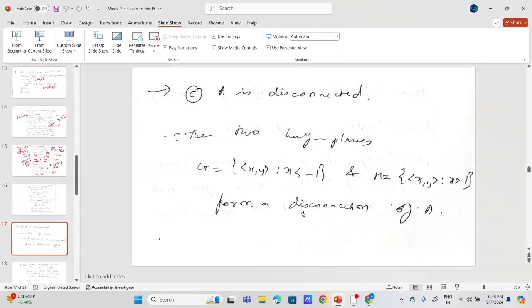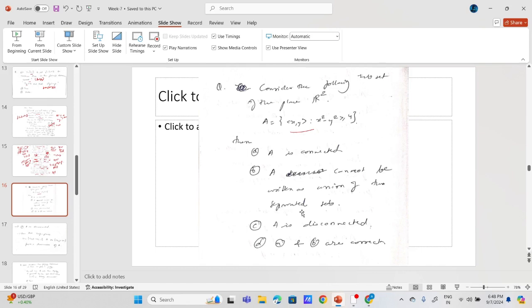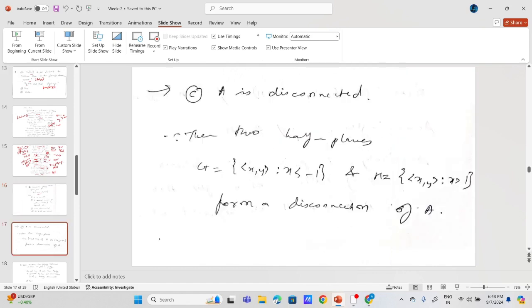So, A is given by, okay, separations. These will directly form the separation, right? This G and H will form separation. So, what is A? (x, y) such that x² minus y² is greater than or equal to 4, right?